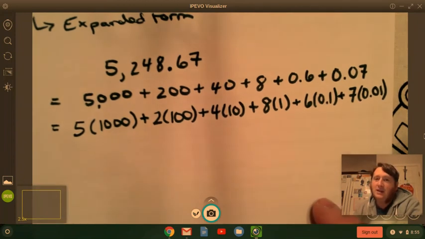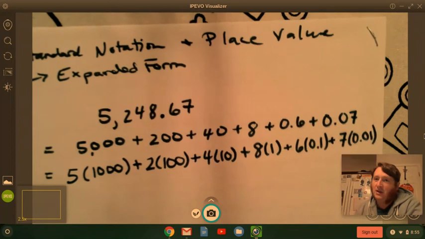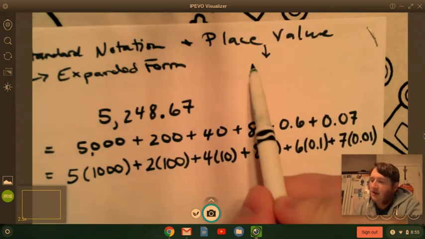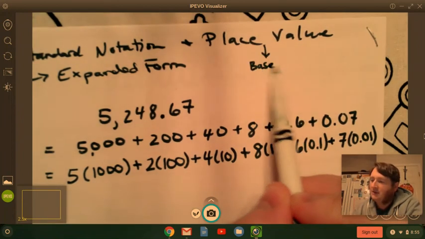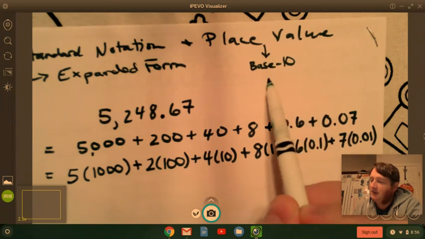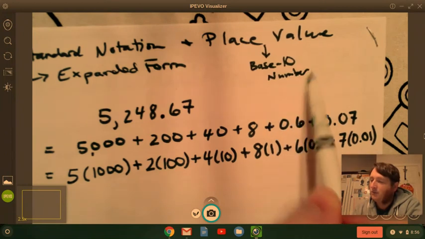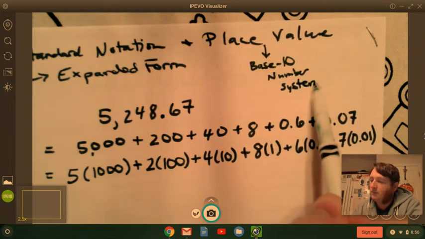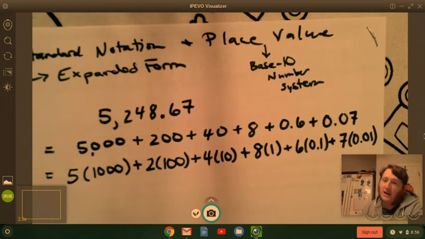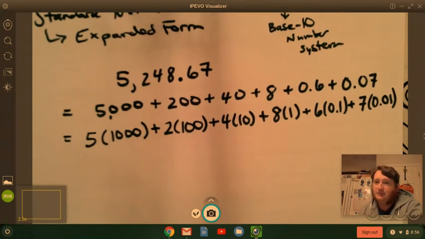And again, it gets back into the idea of place value and the fact that we use what's called a base 10 number system, which number systems will actually be one of the last things we talk about in the class.